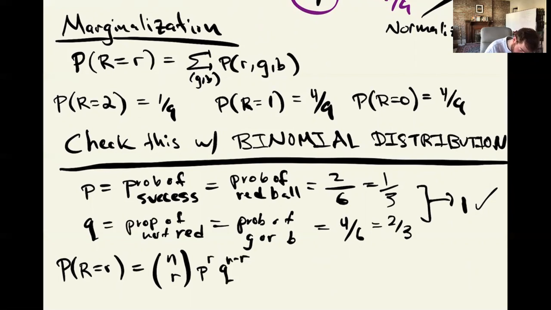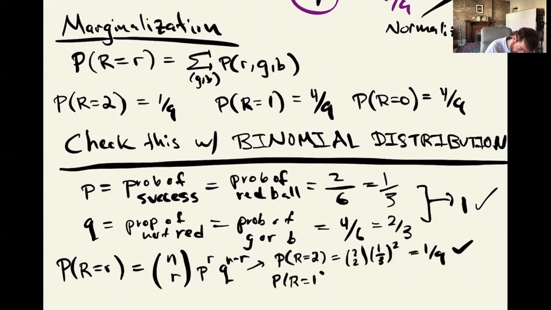In our case, the probability that r equals 2, given 2 draws, I have 2 choose 2, this is 1, times 1/3 squared, which is 1/9. And then similarly, the probability of r equals 1.